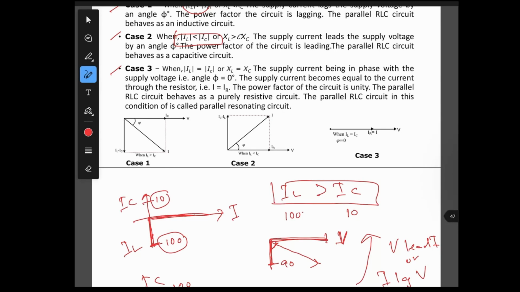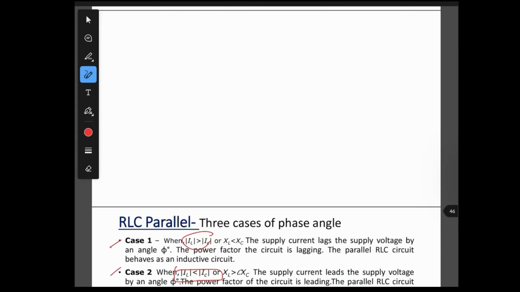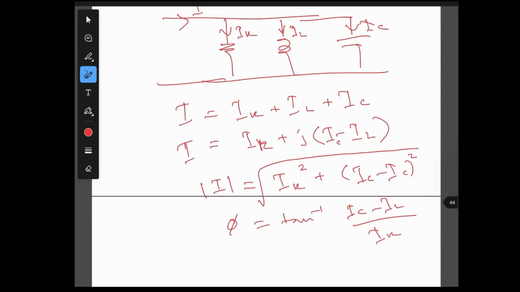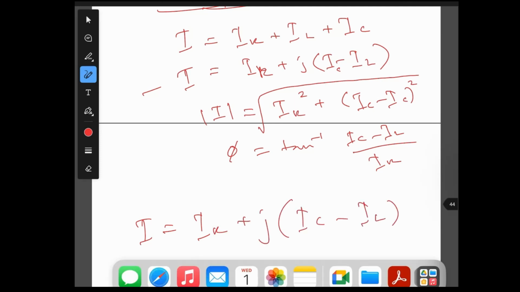This one, the graph will be like this, case number 3. So when IL is equal to IC, the imaginary part equals 0. I equals IR plus J times IC minus IL.